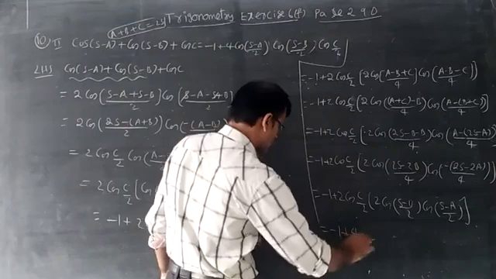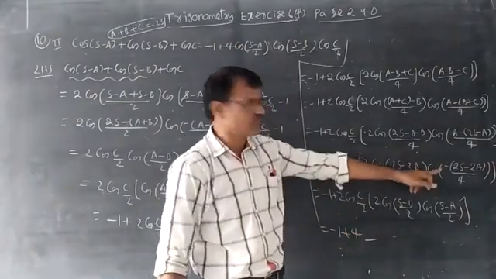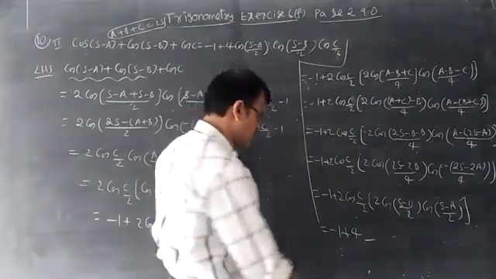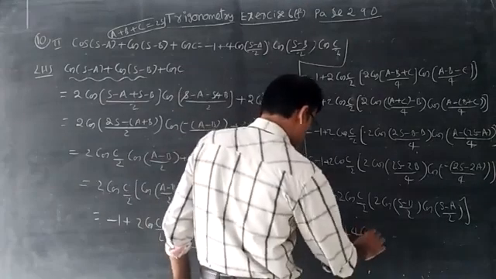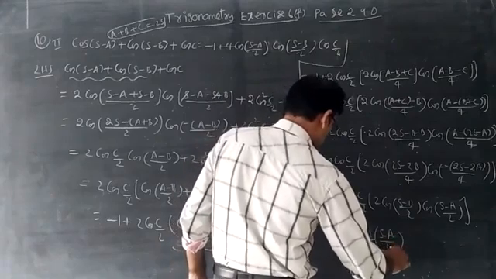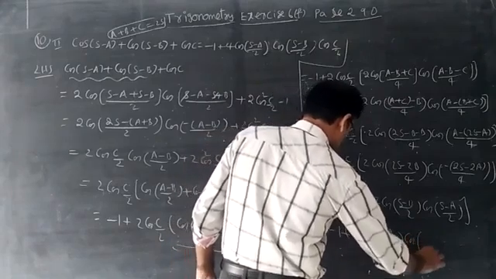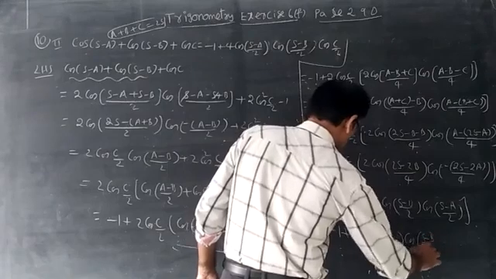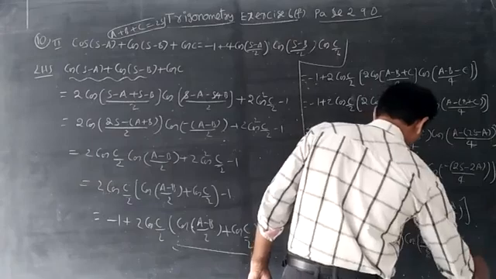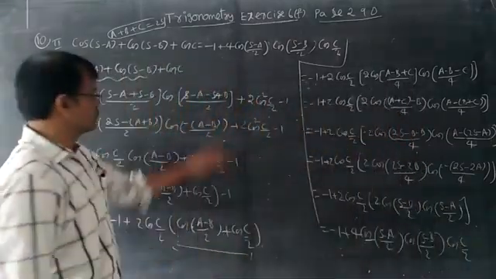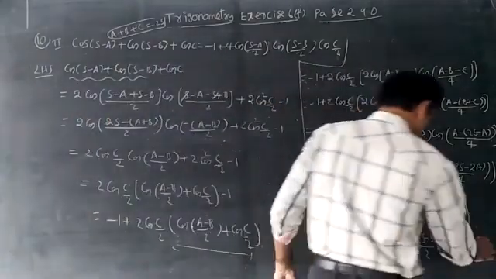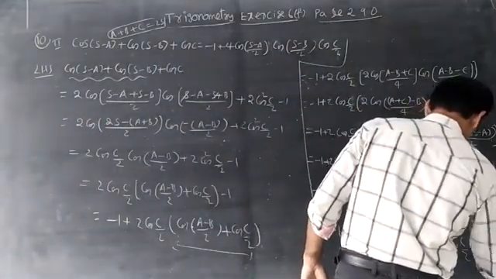Here cos of minus theta is cos theta, so I have written directly cos of (s minus a) by 2. Minus 1 plus 4 cos of (s minus a) by 2 into cos of (s minus b) by 2 into cos c by 2. This is the answer.